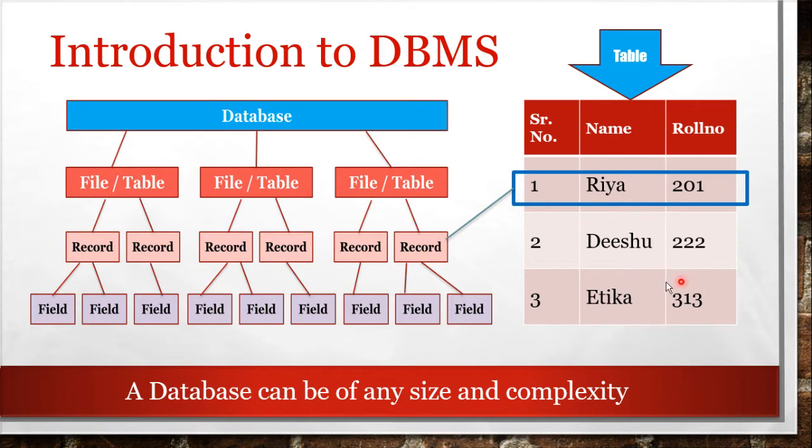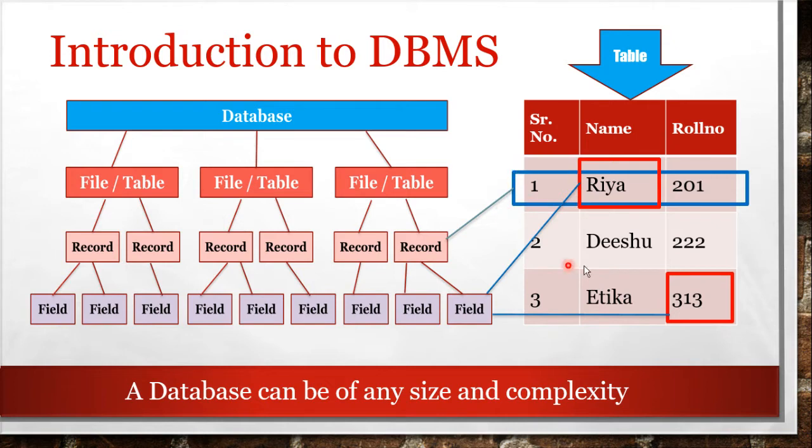So we have 3 records here, and every cell holding a particular piece of information at the intersection of a row and column represents a field of the database. Records are also known as tuples or rows of the table, and a collection of fields forms one record.